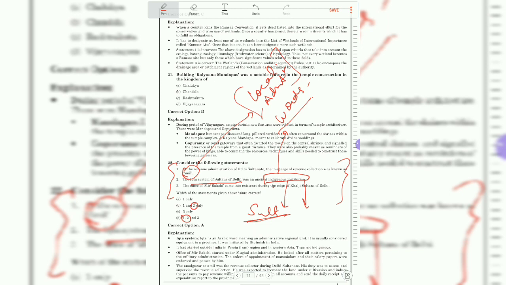Under the revenue administration there is something called Amil, and in Uttar Pradesh that post is there. Otherwise also some Lekhpal post is there, Amil post is there, some kind of post is there. Okay, so if you're not sure about that, coming to the third, the office of Mir Bakshi came into existence.